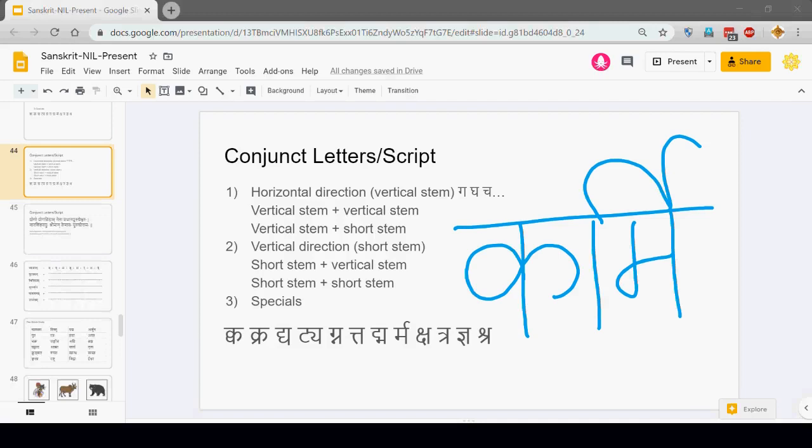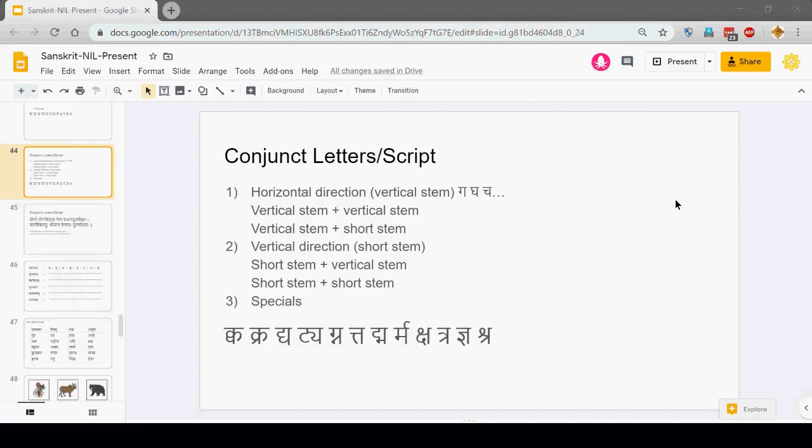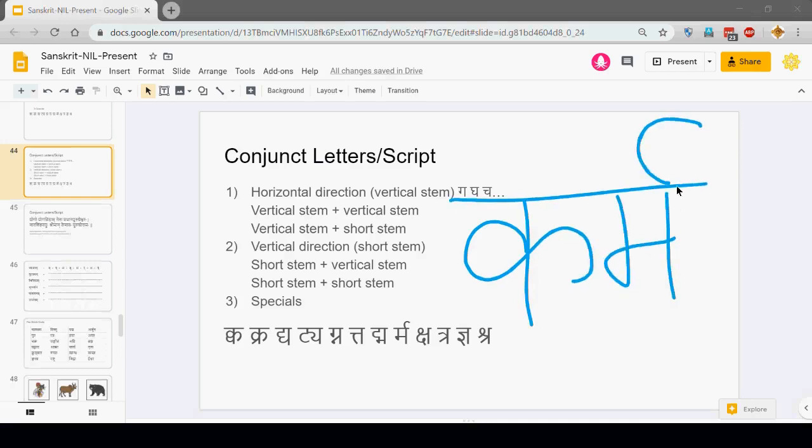So go from top to bottom for the consonant part: ra is at the top, then ma is at the bottom. Karmi. The E part is pronounced later. Same thing with karmo. Go from top to bottom for the consonants and then pronounce the vowel sound later. Karmo.